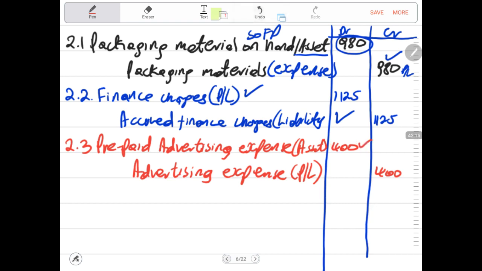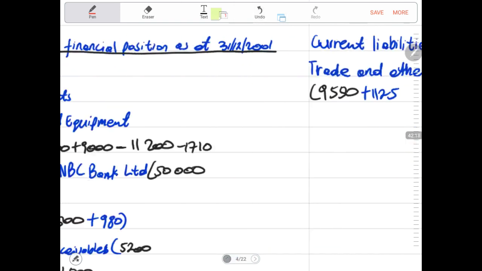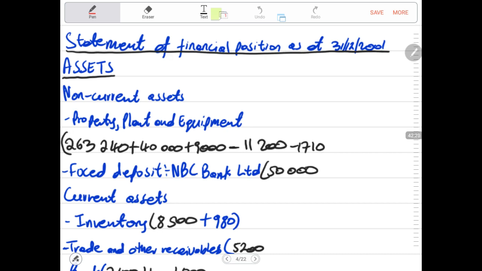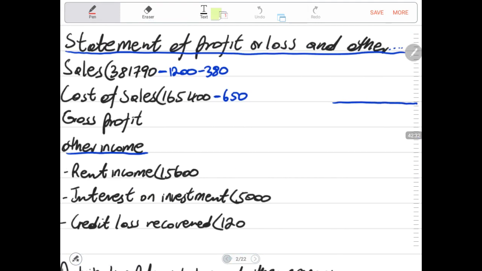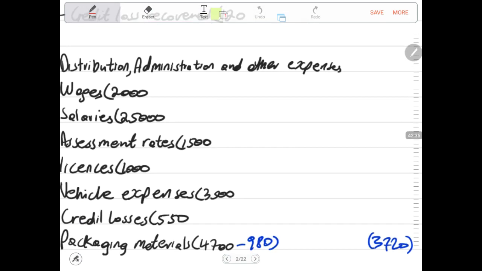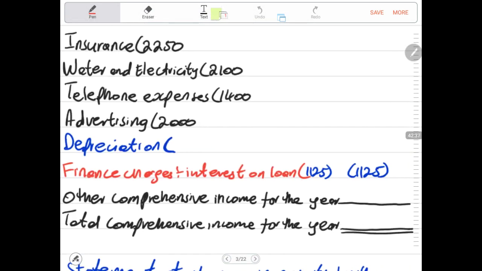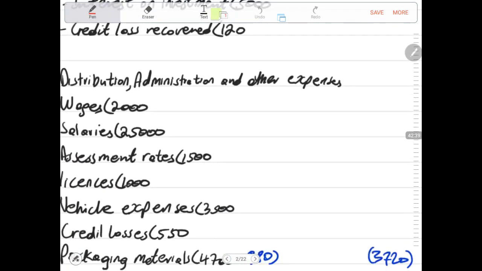The debit side is an asset. It goes under trade receivables. We say under trade receivables, we say plus 400, because the prepaid expense is an asset. The amount of 400 of advertising belongs to the next accounting period.